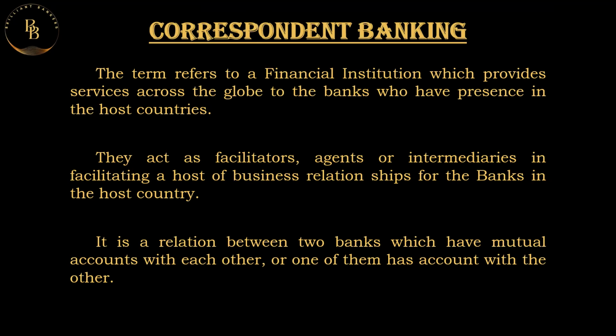How will it be sending it? It will be in a tie-up with a bank in US, for example, Citibank. So Citibank is the correspondent bank of State Bank of India in the United States of America.